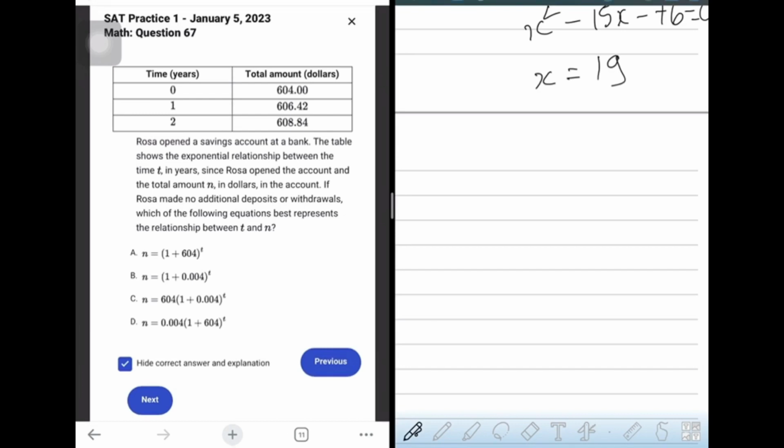So now consider A. When t equals 0, we will have 1. So A is wrong, and B, when t equals 0, n equals 1 also, so B is wrong. But C, when t equals 0, n equals 604, so C is the correct answer. We don't need to calculate at all.